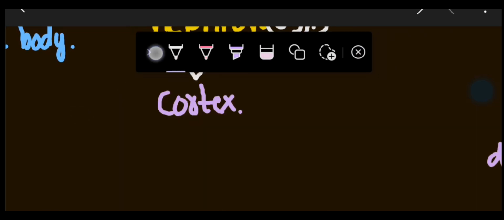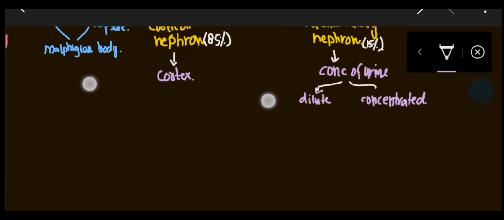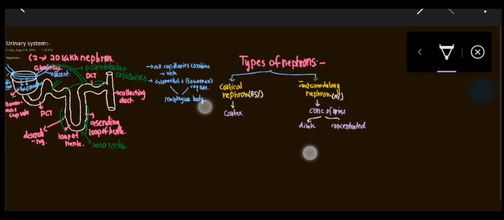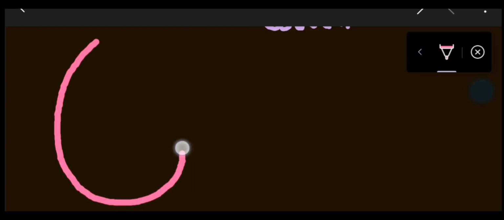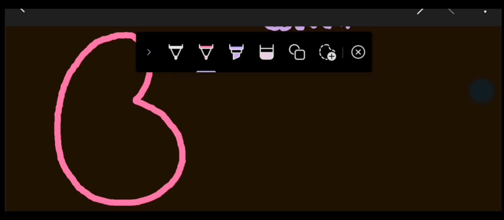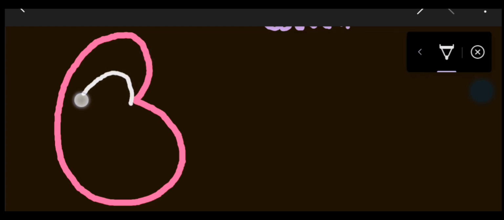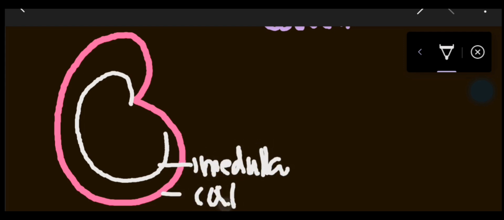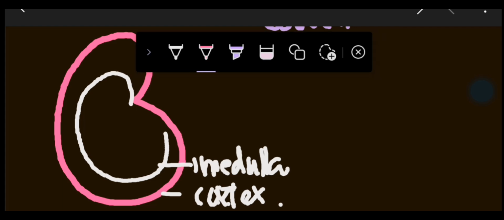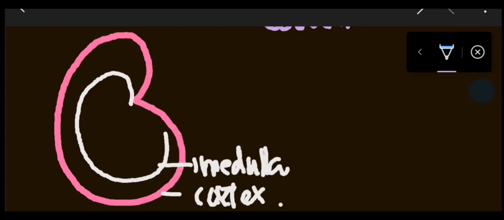Now let's see the difference between the cortical nephron and the juxtamedullary nephron. Here you can see this is the kidney, and we have discussed that the kidney has two parts. The first part is known as the cortex, and the second part is known as the medulla. Now the nephrons are present somewhat like this.